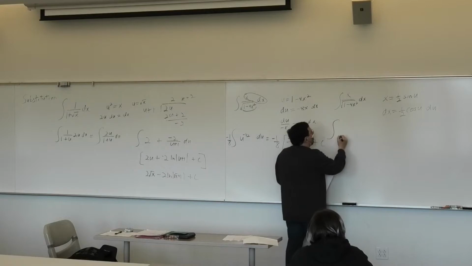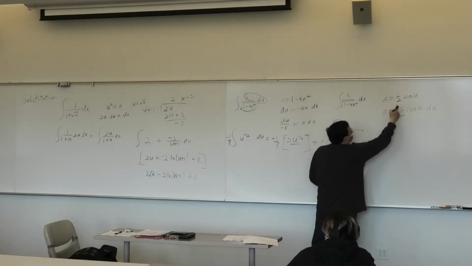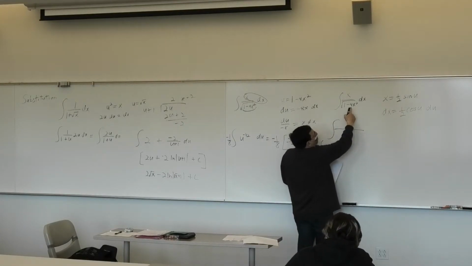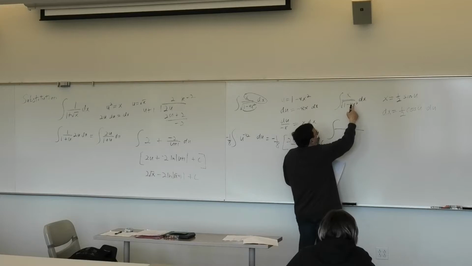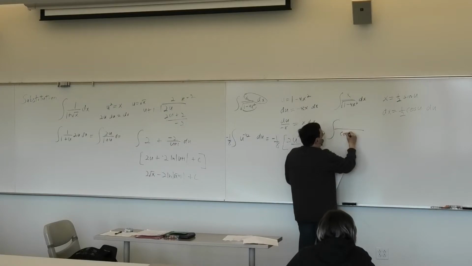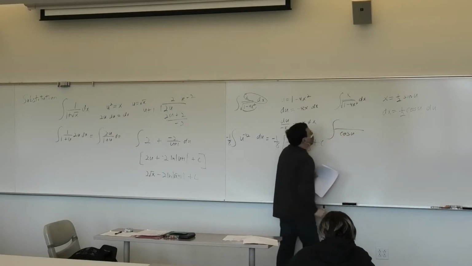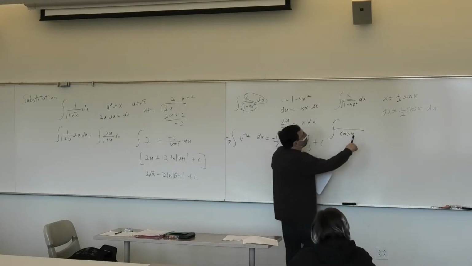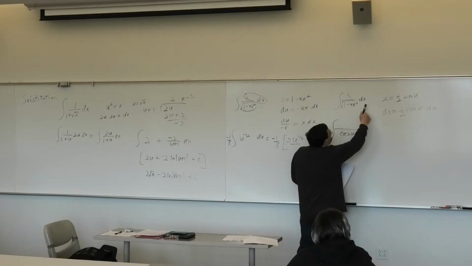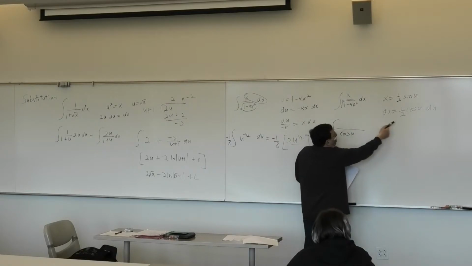All right. So on the bottom, plugging this in, again, I have 1 minus sine squared. The square root of 1 minus sine squared is the square root of cosine squared, which is just going to be cosine of u. Well, my dx, I have that.